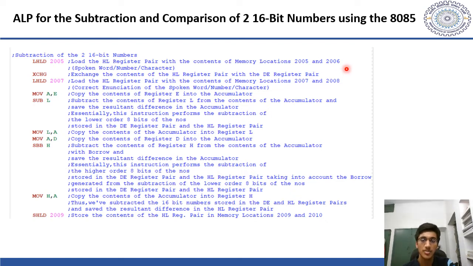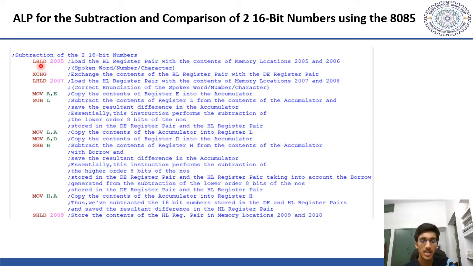As you might recall, the output of the ADC, that is in fact the digital data output, was stored in the memory locations 2005 and 2006. That essentially corresponded to the spoken word or the number of the character by that particular person suffering from speech disorder. In order to compare it with the correct enunciation of the word, we are required to retrieve it now from that particular memory location, and in order to do so, we load the HL pair directly using the LHLD instruction.